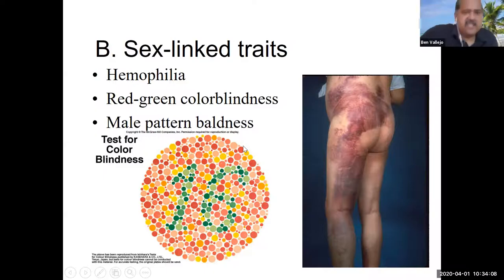But if you can see a different number, I don't even know what it is for this one, then you might have red-green color blindness. Some people, instead of seeing red and green, see various shades of gray when it comes to red and green. So that is a characteristic that has to do with sex-linked traits.